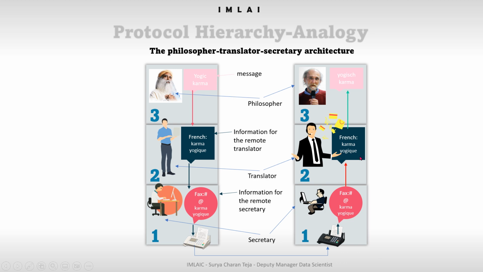Here the protocol is French, and once this translator received that message in French, he converted that into Chinese and sent it to the philosopher. They could go for a common language like Dutch or Hindi or anything, but finally the second translator has to convert this into the language which is understandable by this philosopher.